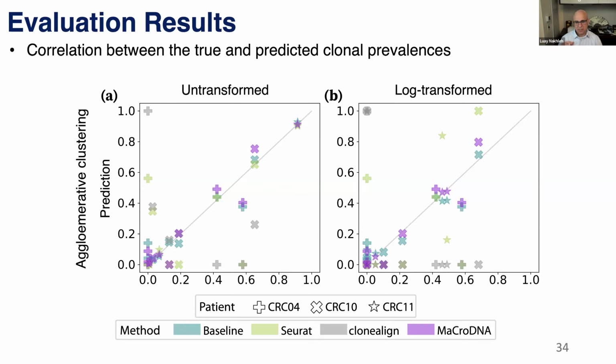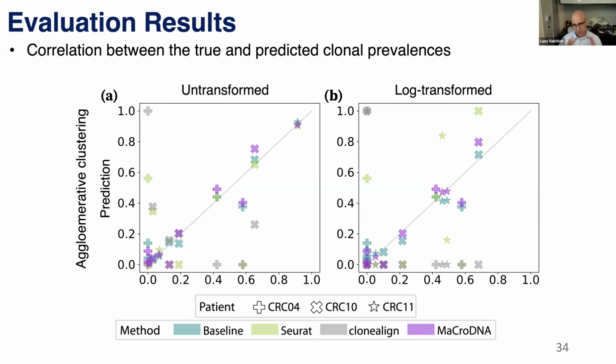So the diagonal line is perfect performance: that cluster that had 40% of its cells having RNA, the prediction also mapped, or the methods mapped, RNA to 40% of the cells there. As you can see here, based on this figure, clone align and the Surratt are the farthest from the diagonal.